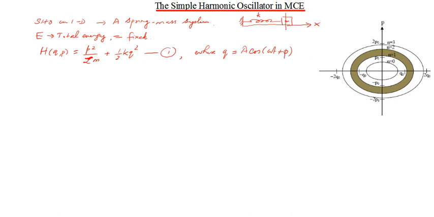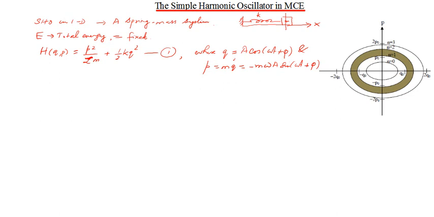And if a cosine function is taken as the displacement, then you know that the momentum P will be equal to mass times the generalized velocity, that is Q dot. So that will be equal to minus m omega A sin(omega t plus phi).